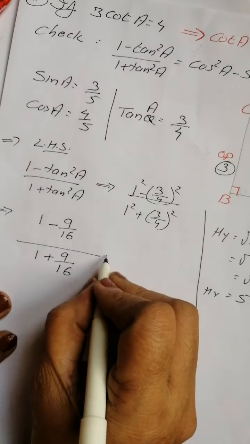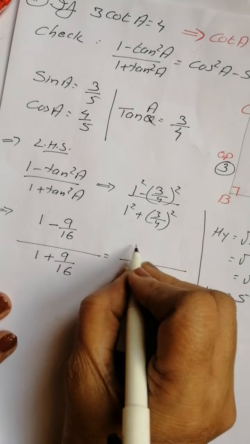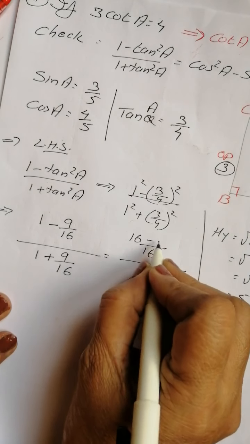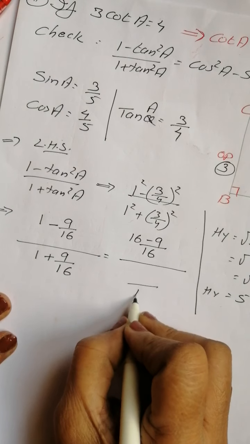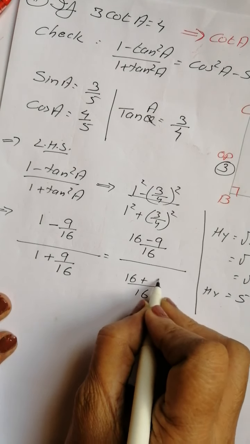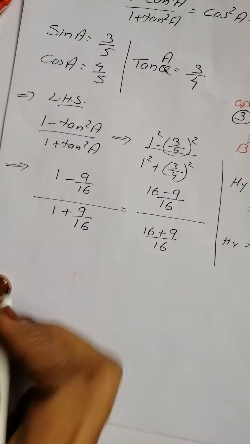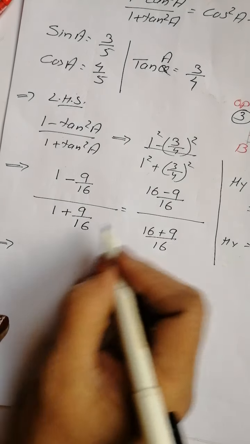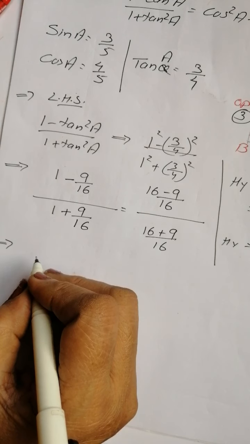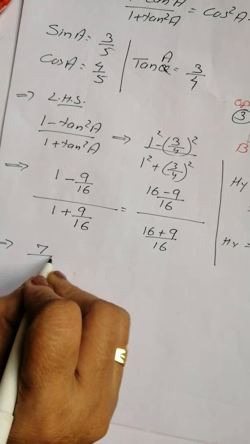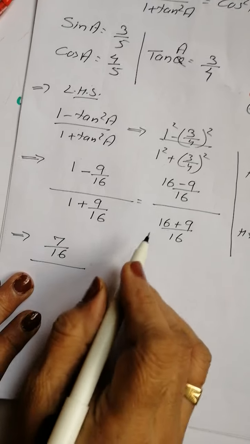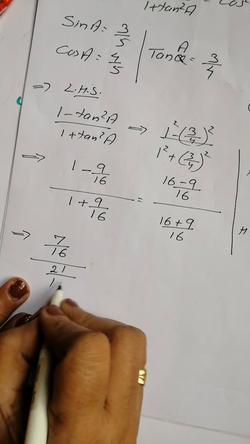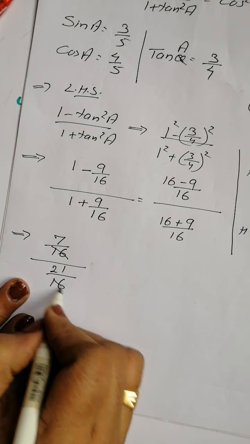Clear? So if you do the LCM, you will get 16 minus 9 on top, and 16 plus 9 on the bottom. What is 16 minus 9? Yes, 7 by 16. And what is 16 plus 9? Sorry, 16 plus 9 is 25, so 25 by 16. This part and this part cancel off.